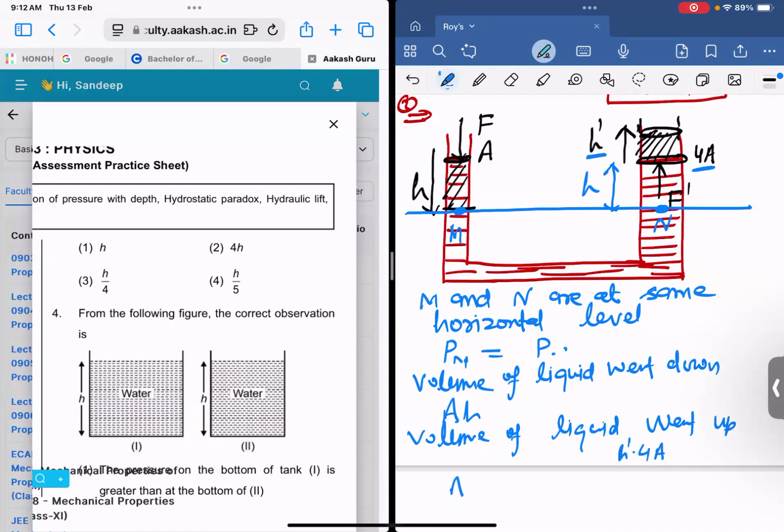So you make both equal, the liquid that has gone down and the liquid that has gone up. A gets cancelled. So we find that H dash is actually H by 4.